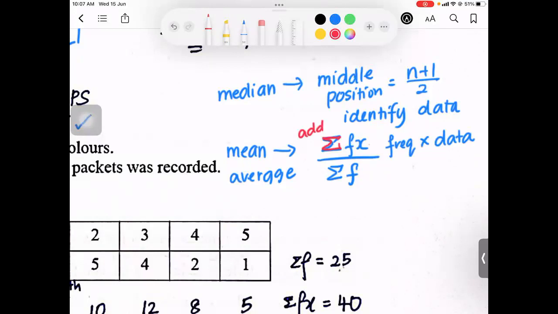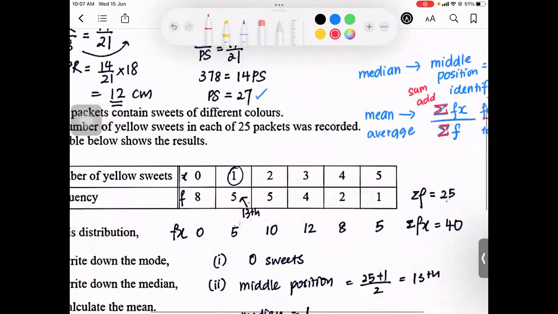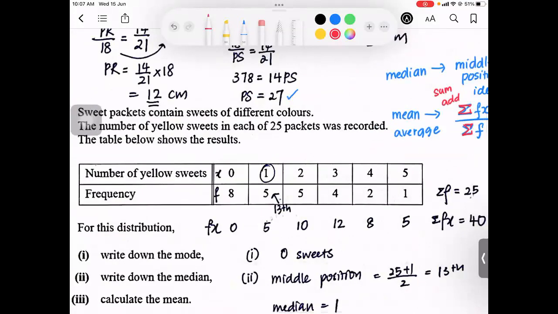You sum up together, divided by the summation of the frequency. For your total frequency, you add up the total. If you really still don't know, use the calculator. You know you have your calculator mode. Don't know what mode, okay? Use your own calculator for your own mode.